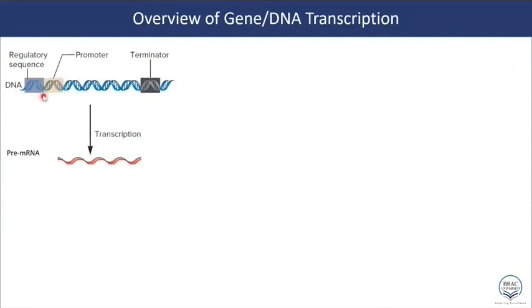In the upstream, there's a regulatory sequence, and different proteins bind to this regulatory sequence. We mentioned that the function of the regulatory sequence is to control or regulate the whole transcription process, right?